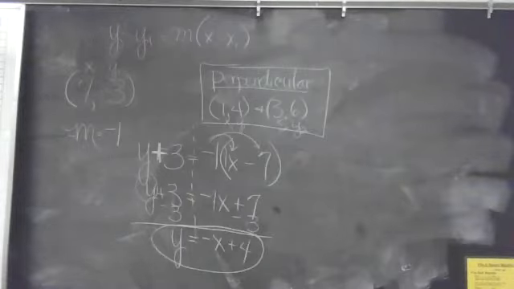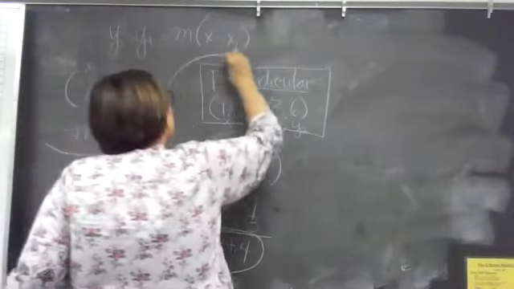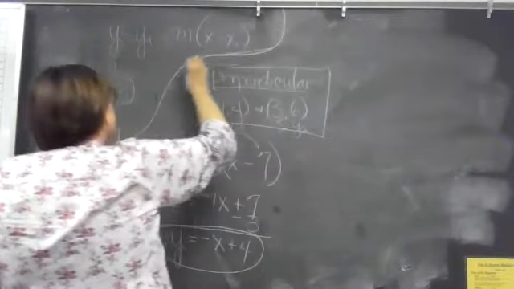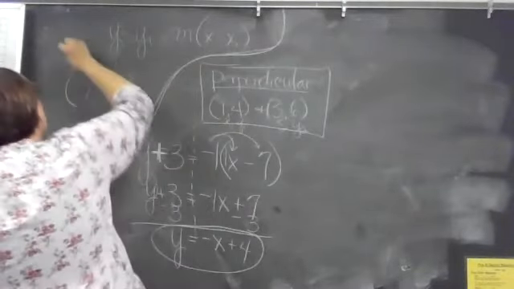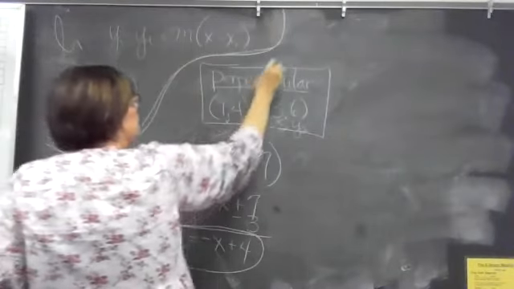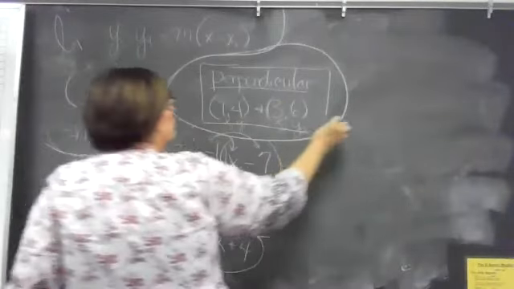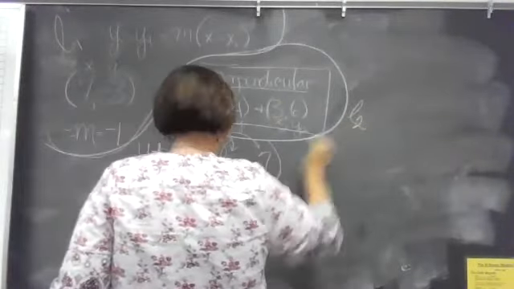Now, what I'm going to show you is, let's graph these two lines. Here's the one that we wanted the equation of, so we're going to call that L1. And here's the one that we wanted it perpendicular to. We're going to call this one L2.